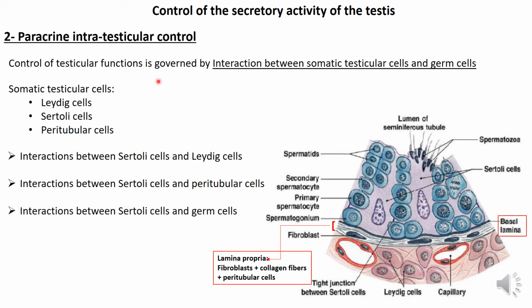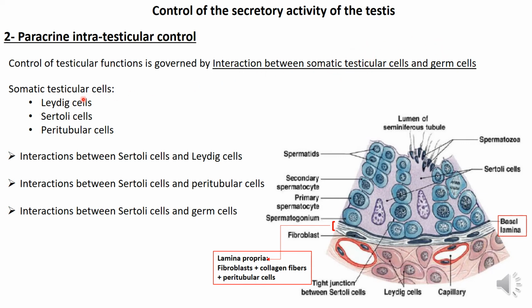Now, this paracrine control is governed by the interaction between the somatic testicular cells from one side, paracrine interactions between those somatic cells, and from another side, interactions between those somatic cells and the germ cells.